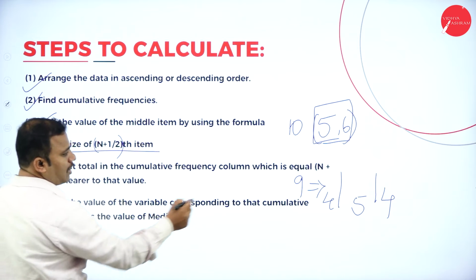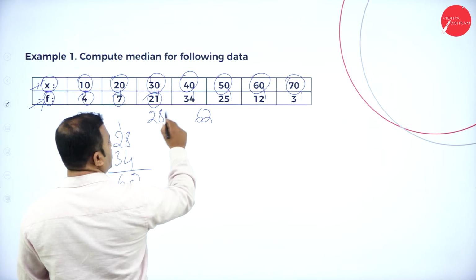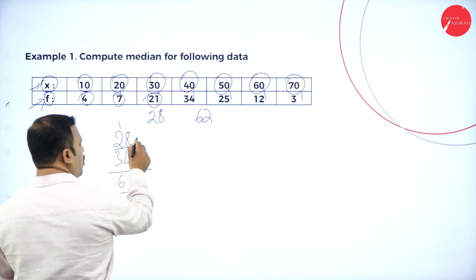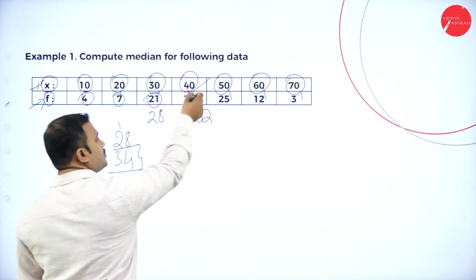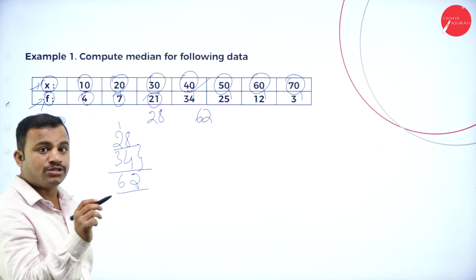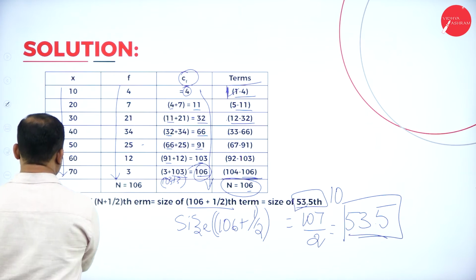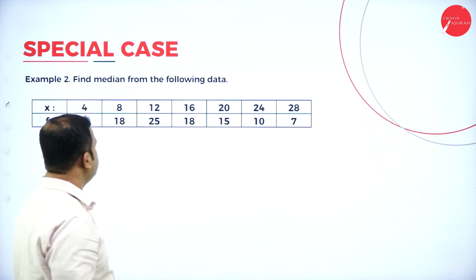But what is the value I have got here? 53.5. So 53.5 comes between the range of 28 to 62. After 28, all these items are repeating 34 times. Which item is that? 40. So we will consider 40 as the median of those items in case of a frequency distribution. So please see to it here, the term 40 is obtained as the median for the frequency distribution.